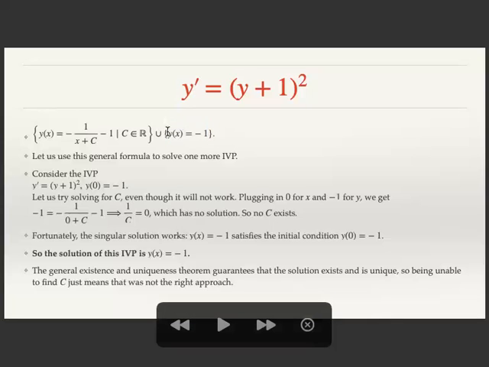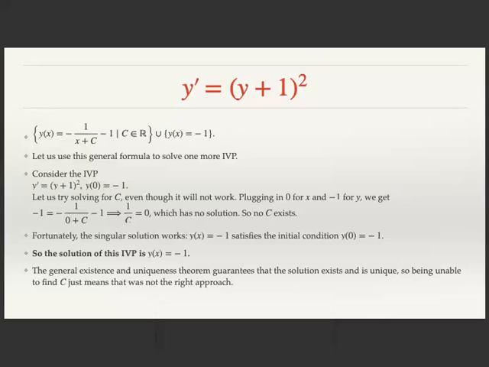So these sorts of special solutions that you get, for example, in this case, for the special case when you would have been dividing by 0, are called singular solutions.